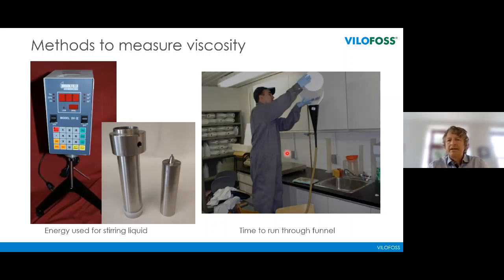Another way to look at it is the time it takes for the liquid to leave, in this example, a funnel. That's also a method often used. The more resistance there is in the liquid, of course, the longer time it takes to empty the funnel. So here you actually measure the time, the seconds, it takes for the funnel to empty. But in the next data we will see it's all measured by this viscosity meter.